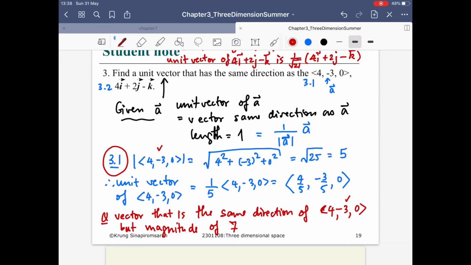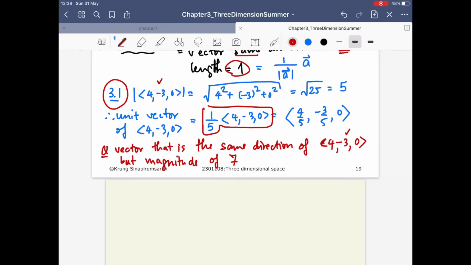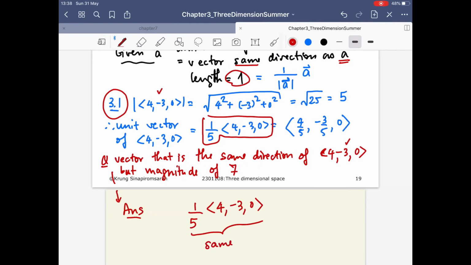So here the unit vector, don't forget, is a vector that has the same direction as A but a length of 1. So for this question, the answer can simply be the vector 1 over 5 times (4, negative 3, 0), because this one contains the same direction as A, in this context.